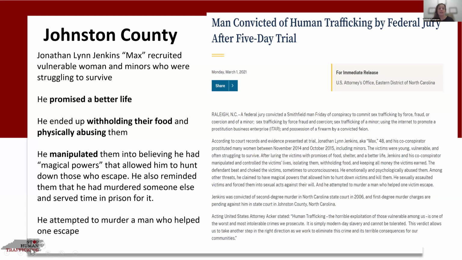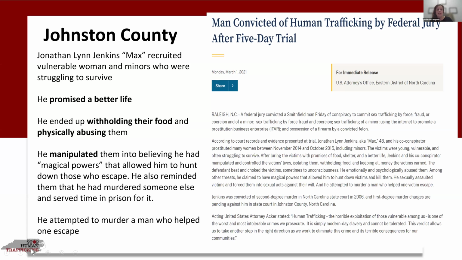Jonathan Lynn Jenkins, also called Max, recruited vulnerable women and minors who were struggling to survive. Again, I do want to highlight that struggling to survive piece. We will talk about vulnerabilities, but in most of these cases that I'm going to show you today, the traffickers are highlighting a need that needs to be filled. So what he did was he promised a better life. That's a piece of fraud right there.